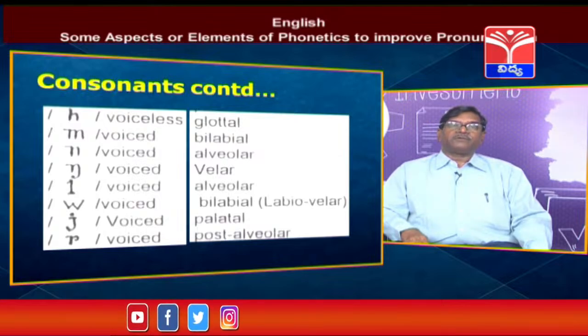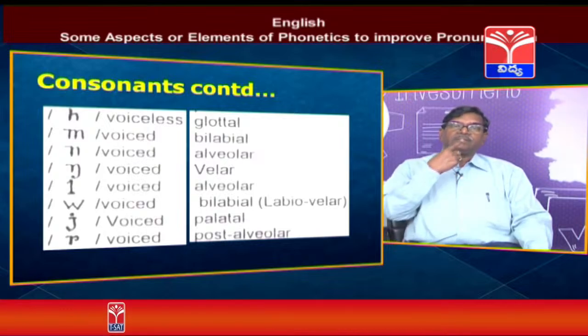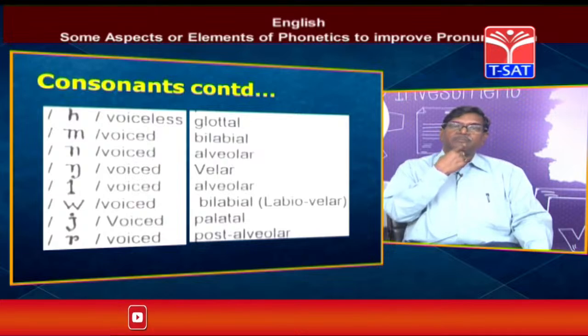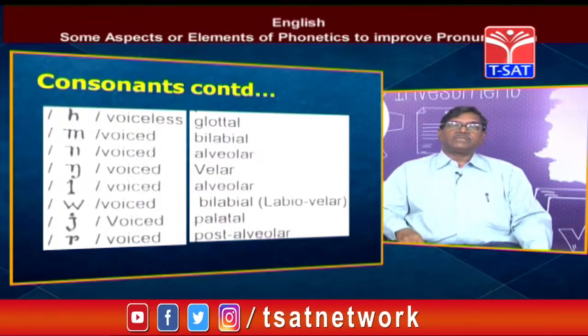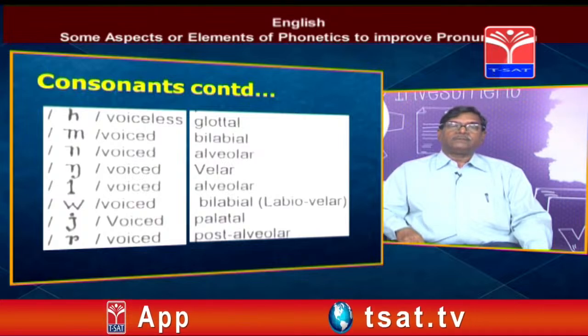So, wherever we have W in the spelling, it should be pronounced with the two lips as the active and passive articulators. Lower lip, active articulator, upper lip, passive articulator. That is why it is called a bilabial sound. W, when, window, wife.